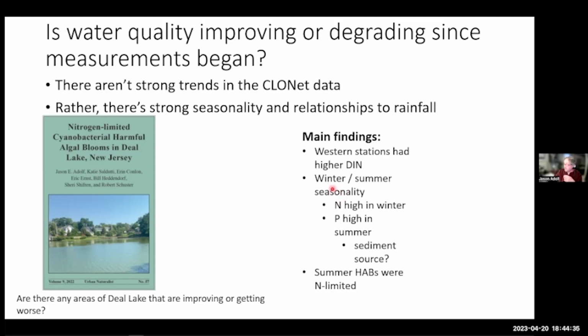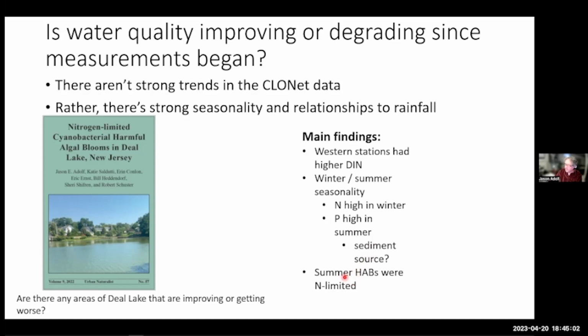We found a strong winter-summer seasonality where in the lakes, dissolved inorganic nitrogen was very high in the winter, and that was drawn down in the summer. And then in the summer, phosphorus was accumulated in the lakes in excess, which suggested that it's in the sediment and conditions change in the summer that make it come out of the sediment.